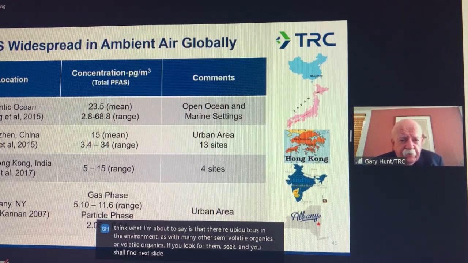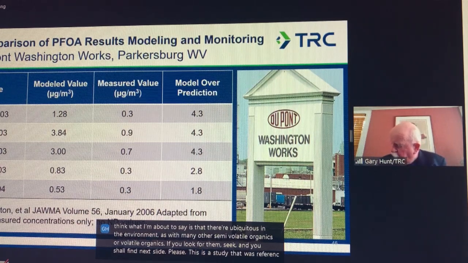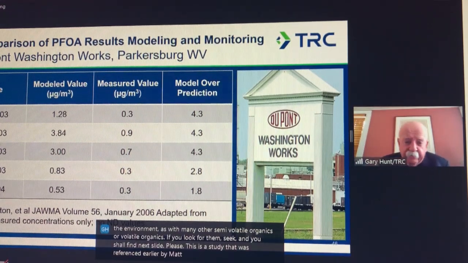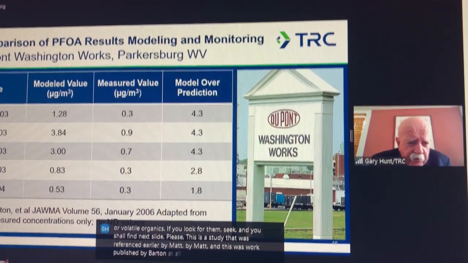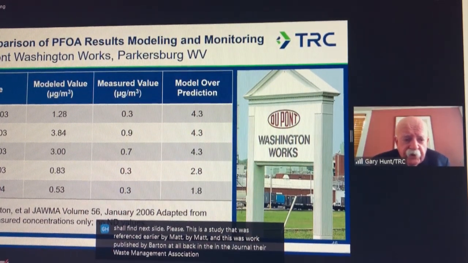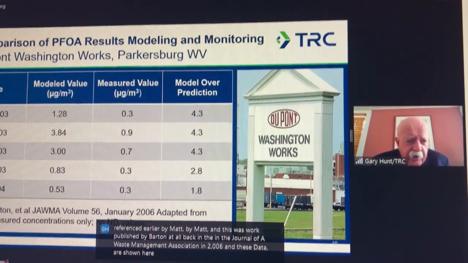Next slide, please. This is a study that was referenced earlier by Matt, and this was work published by Barton et al. back in the Journal of the Air and Waste Management Association in 2006. And these data are shown here. They're adapted from Table 3 in that publication.